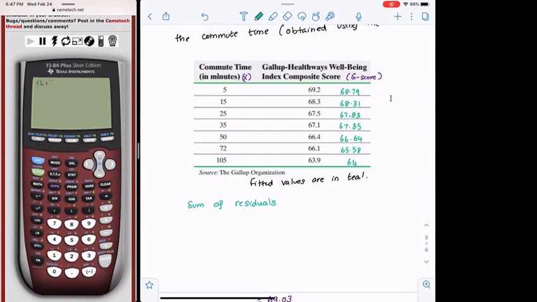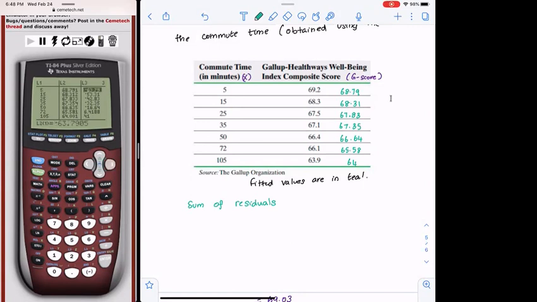So actual L1 minus fitted L2, and I'm going to save that to list 3. Oh, I'm sorry, that's not right.